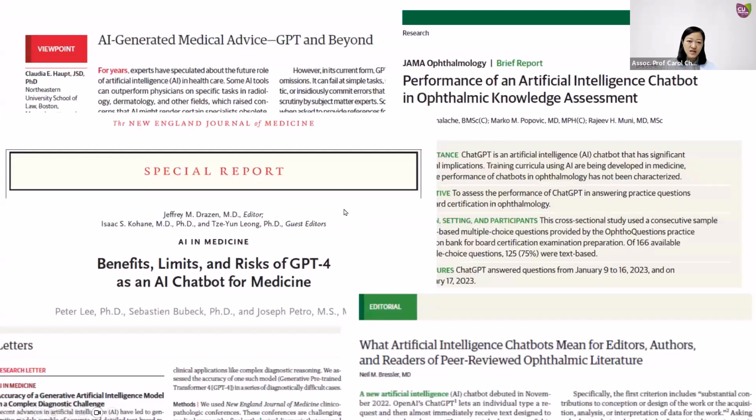So a few reports have already demonstrated the capability of ChatGPT for answering practice questions for ophthalmology board certification examination, and diagnosis of eye diseases. And different editorials are also discussing benefits, limits, and risks of ChatGPT as an AI chatbot for medicine, and what AI chatbots mean for editors, authors, and readers for peer-reviewed ophthalmic literature.